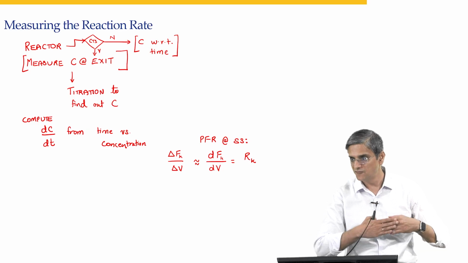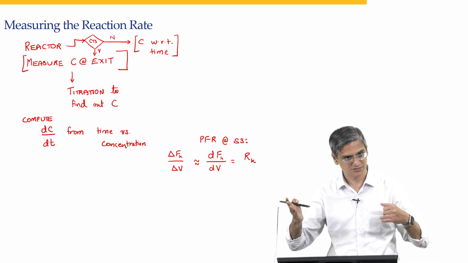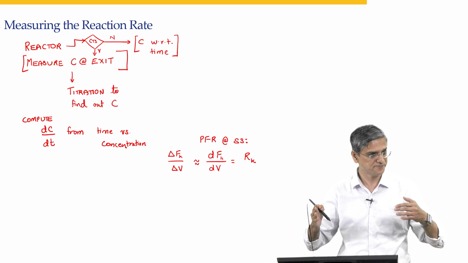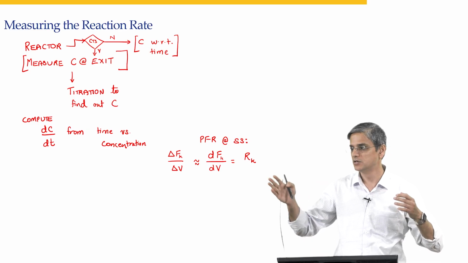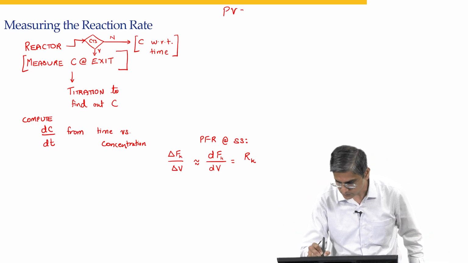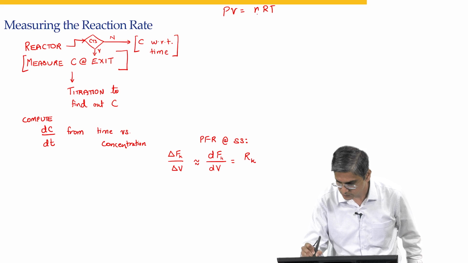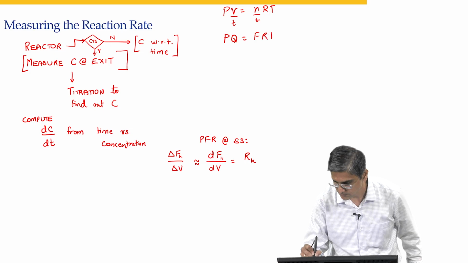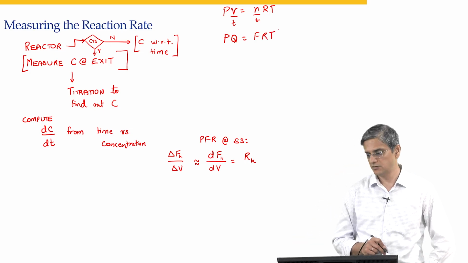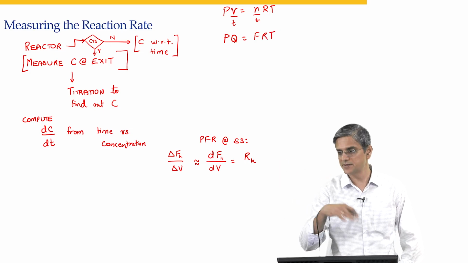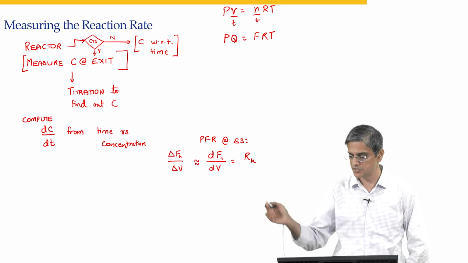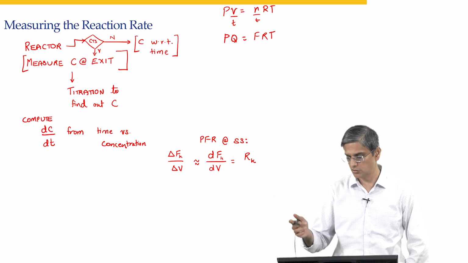So, the flow rate has increased 7 times. PV equals nRT, or PQ equals nRT. Molar flow rate remains the same, R remains the same, pressure remains the same, but temperature changes.